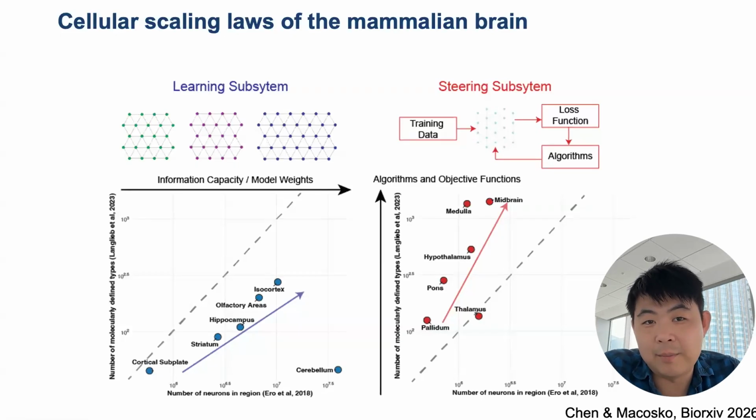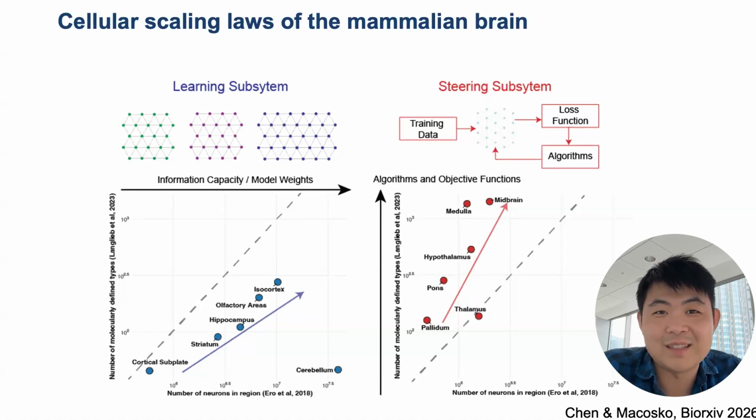But then, if you think about how we train ML models, that's kind of like building a neural network. We often have to give it objective functions, training data, and algorithms. And you can think of these other parts of the brain as the steering subsystem, which is like these objective functions, for example, or boutique rules about how an organism should behave in any given context.